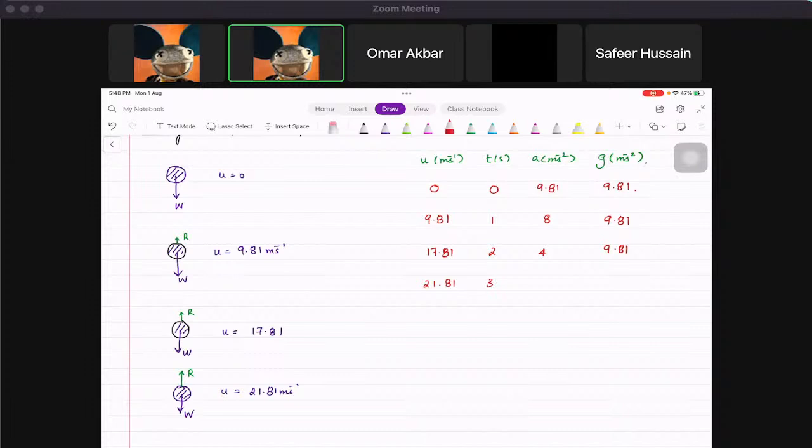Because weight and air resistance are equal, the net acceleration will be 0. Acceleration due to gravity is still the same. From this point onwards, the object will continue to fall at the same constant speed, and this speed is known as the terminal velocity. Is it clear, everybody?